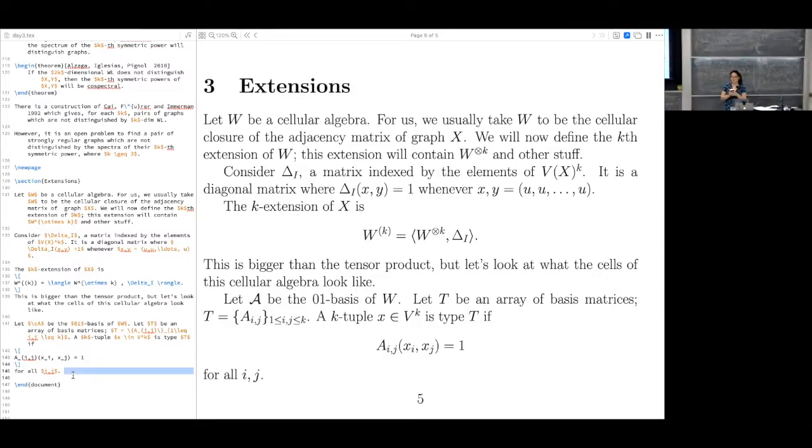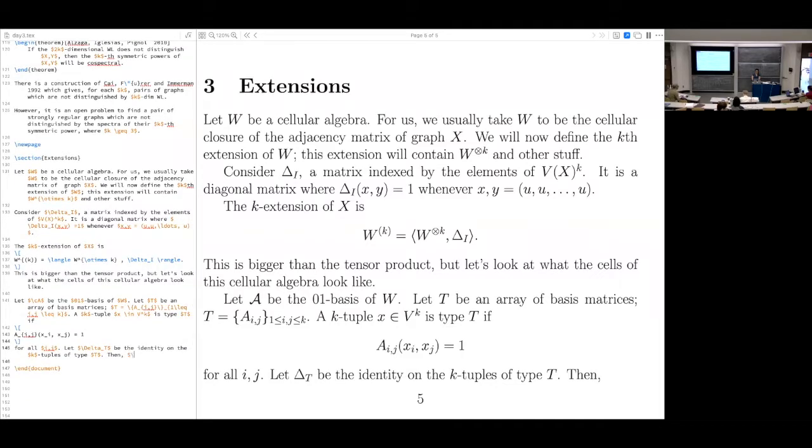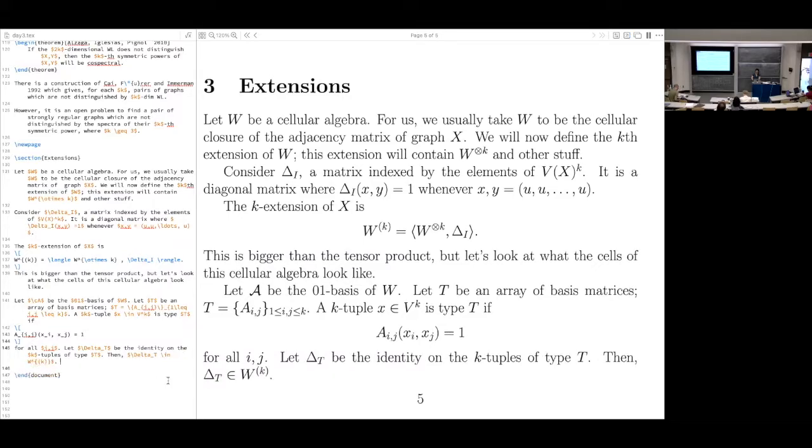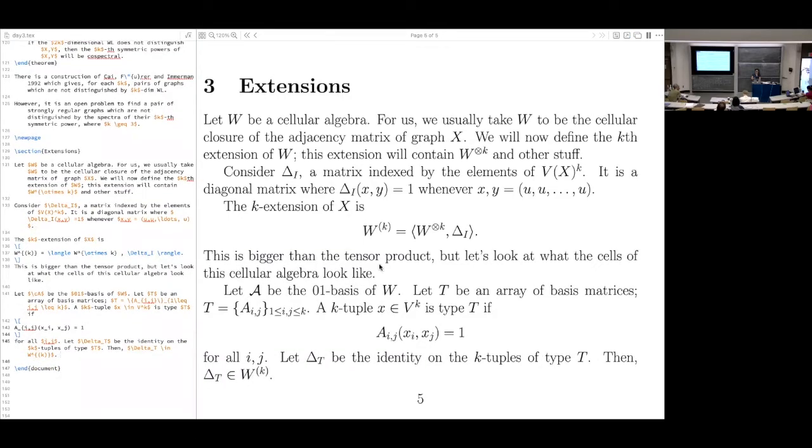It's defined to be closed under Schur product, so you must have some minimal thing, and you can assume it's 0,1. So I can define whether or not a k-tuple is type T, and now I'm going to define delta sub T. This should agree with the delta sub I from earlier. It is the matrix which is the identity on all the k-tuples of type T. Then this delta T is going to be in this W hat, W to the power k, whatever k we're working with. So there are a lot of extra things that live there.